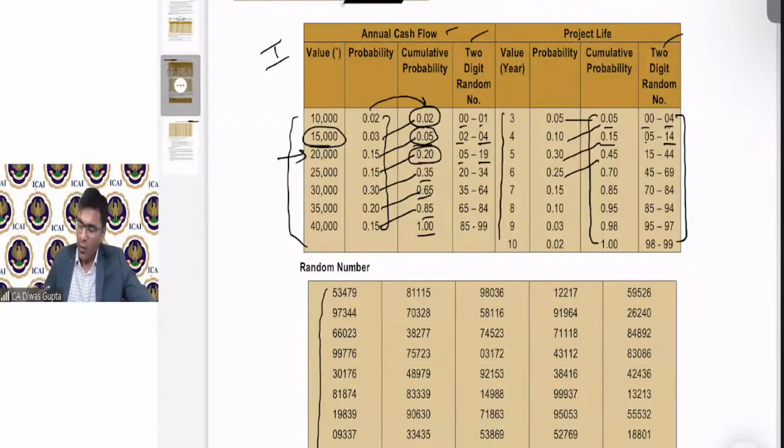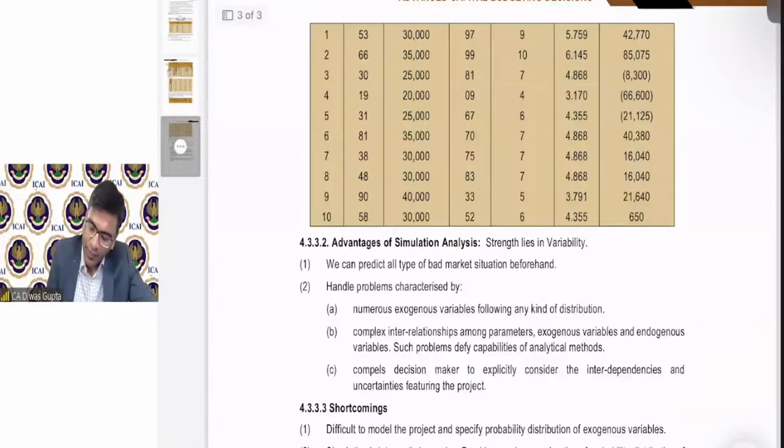Okay. Now, the next thing is to look at these random variables. So what we will do from these random variables, we will pick the first two digits and put them in the above table to identify. See, 53.